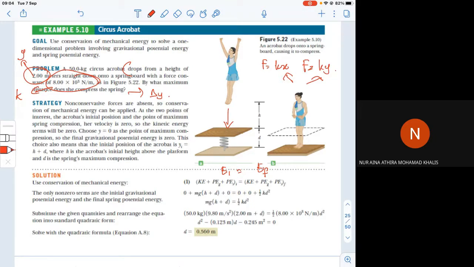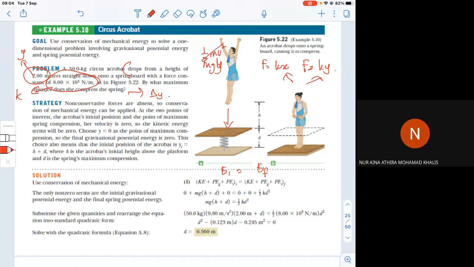So the acrobat moves from a certain level of height. That means she must have mgh or mgy. Okay, and then at the same moment, she will move, so definitely she also will have half mv squared.